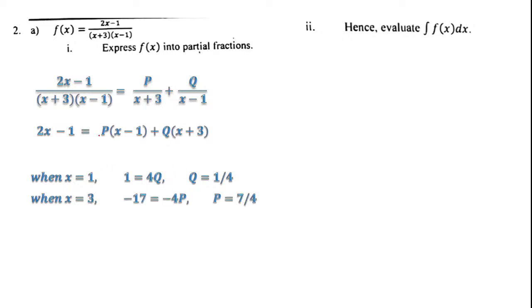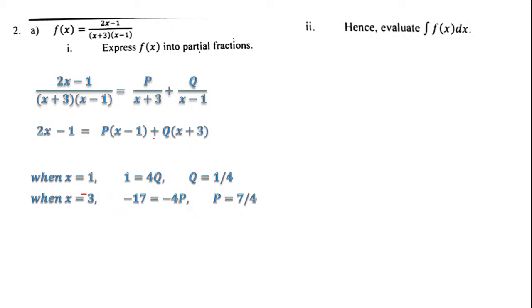Now equally, when x is equal to minus 3, what happens? On the left hand side, 2 times minus 3 is minus 6, minus 1 gives minus 7.